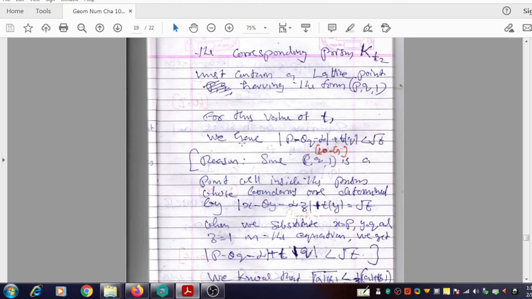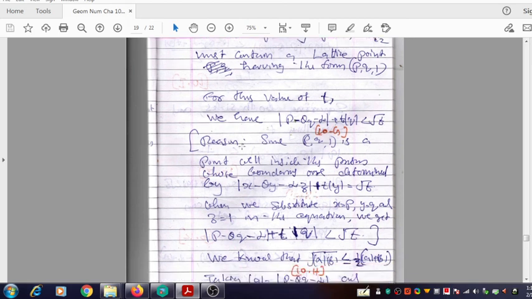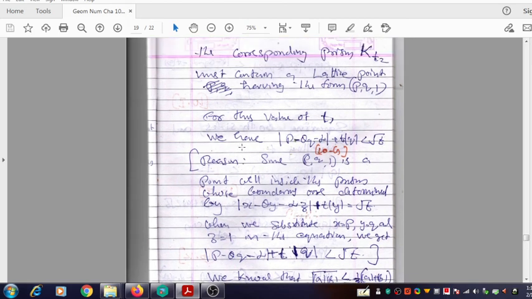So all this discussion together says that any lattice point belonging to the prism must be of the form pq plus 1. Then it will have a pq minus 1 also. So for this value of t, this is finalized: there exists a lattice point pq plus 1.